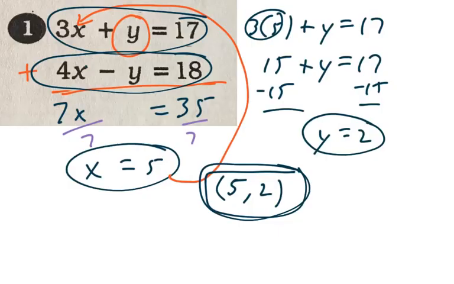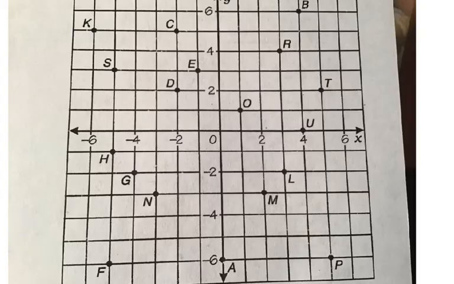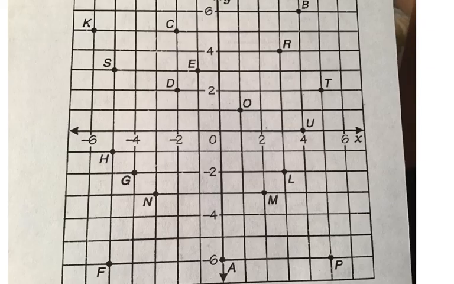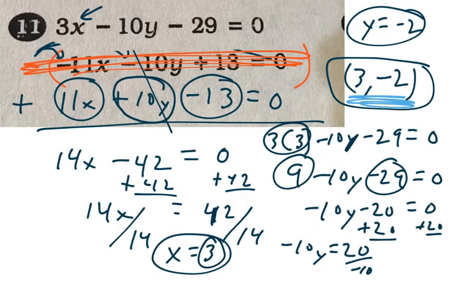So, guys, that's basically how that's done. Now, the only thing else I could add is don't forget to do the puzzle, okay? For example, the answer here was 3, negative 2. So we would look for 3, negative 2, which would be letter L. Letter L, therefore, would go with problem 11.